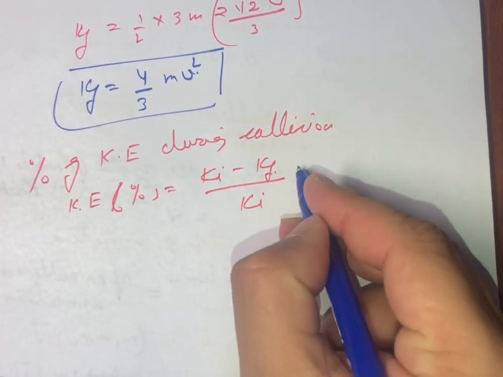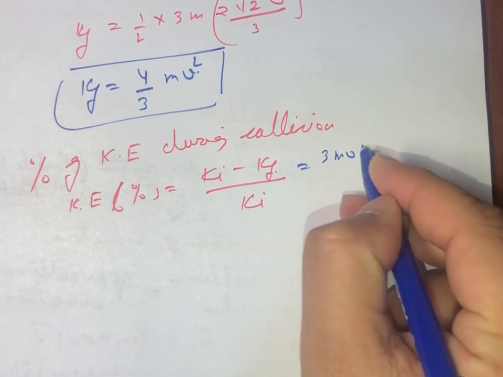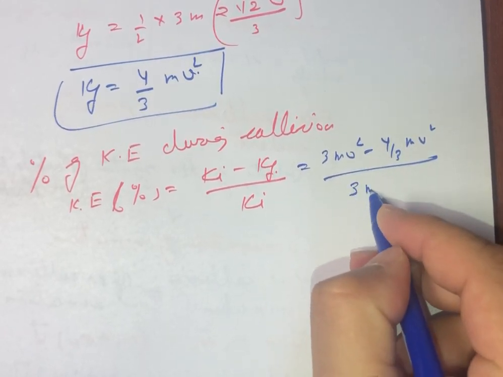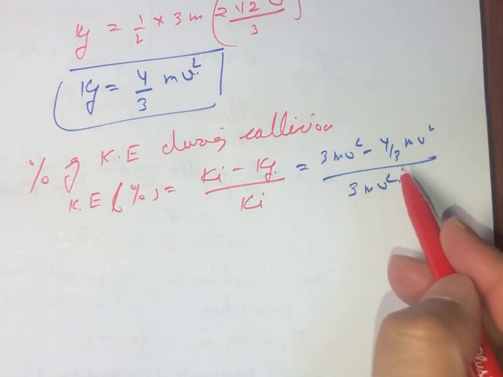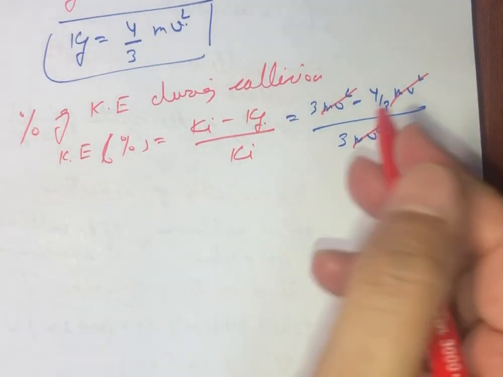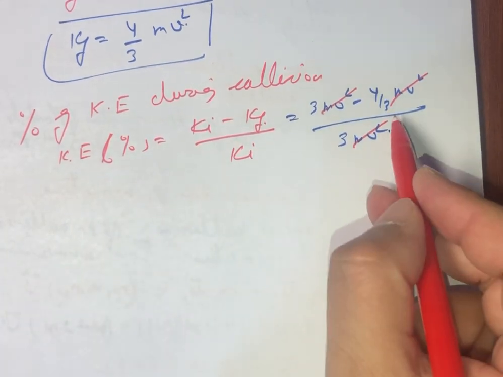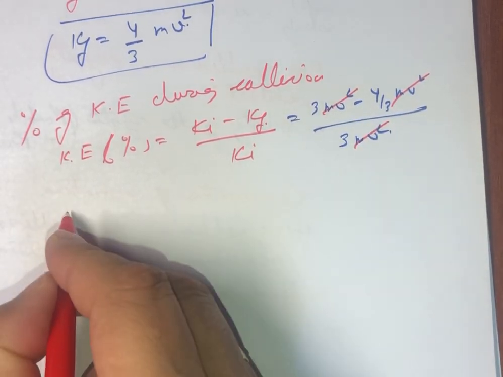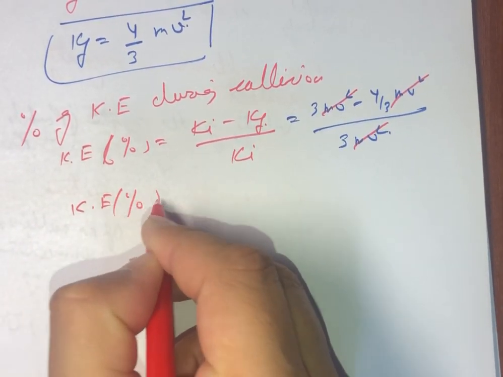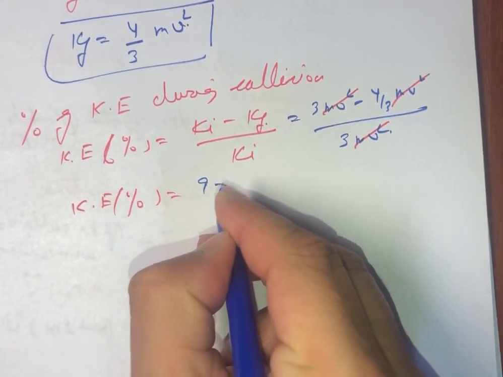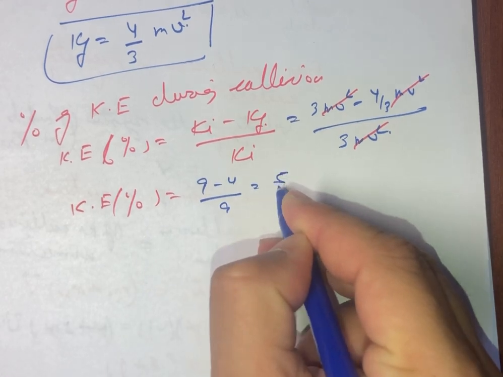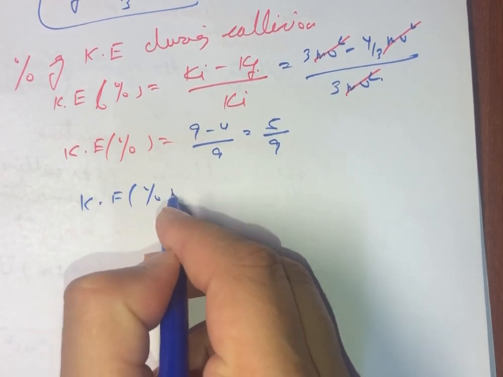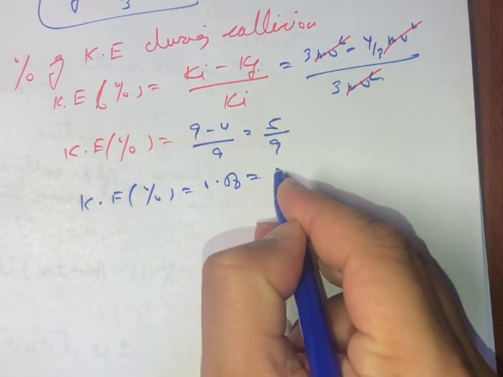K initial is 3m v square, so we get 3m v square minus 4 by 3 m v square divided by 3m v square. v square goes away, so we are left with 9 minus 4 divided by 9, so this will be 5 upon 9, and approximately that will be 0.56, so 56%.